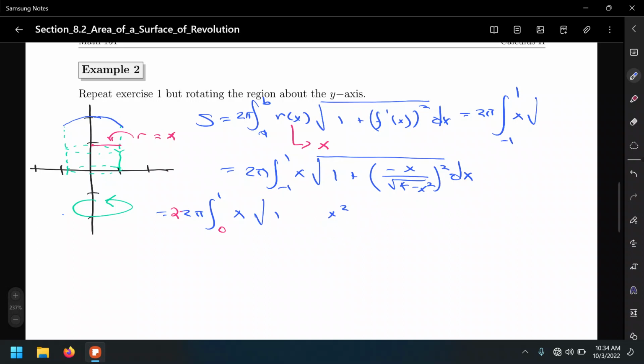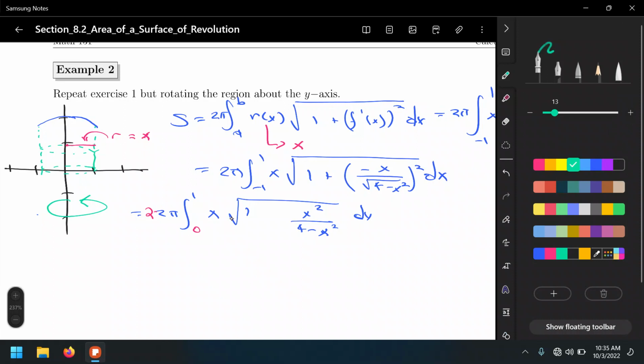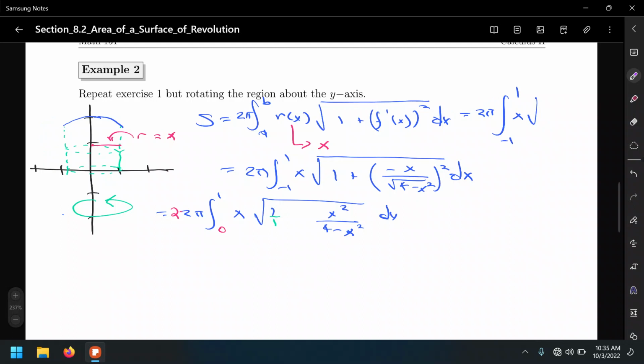Oh, actually, no, that's not a radical. So 4 minus x squared, with respect to x. The reason I left all this space is because this time, let's think of that 1 as 1 over 1. And how about we find a least common denominator by multiplying by the missing factors, in this case 4 minus x squared over 4 minus x squared.